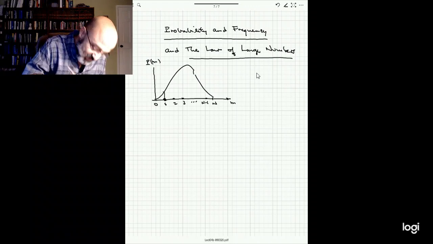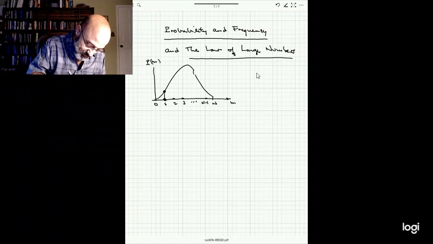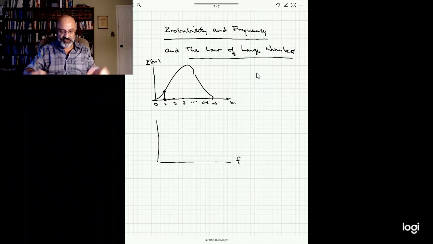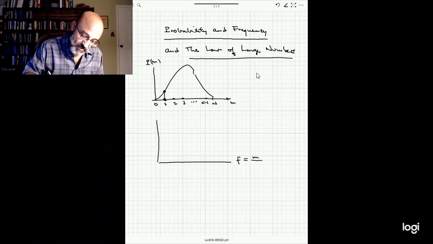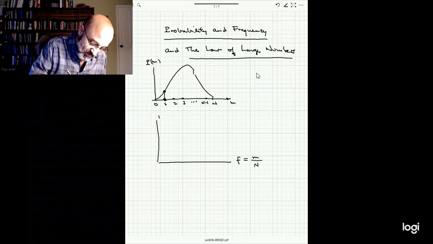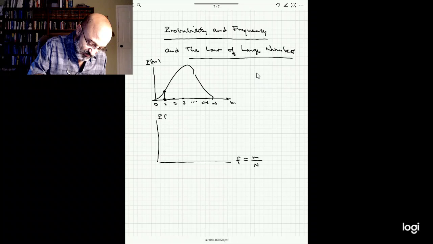But now let's look at this in terms of frequency. In terms of frequencies, that's just the ratio of the number of outcomes of alphas divided by n. And here we're going to look at the probability of that particular frequency.